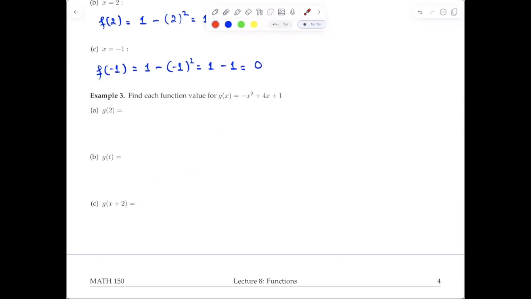So that means can you evaluate the function given the input to be x equal to 2? Okay. So in this case, you take out the x and you replace that by positive 2. So you have a negative in front, 2 squared plus 4 times 2 plus 1. So you have negative 4 plus 8 plus 1 equal to positive 5.